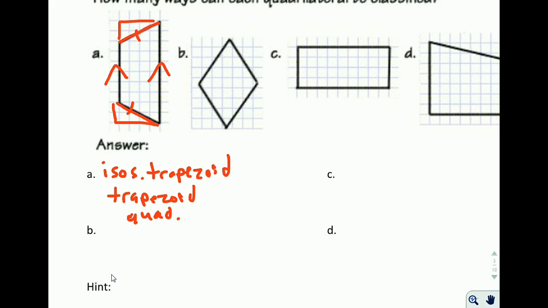For B, we see that we have opposite sides that appear to be the same length and parallel. We have another set of sides here. All 4 of them actually appear to be about the same length. If we look closer, although this grid isn't totally drawn perfectly, we go over about 3 units and up about 4 units on the side.